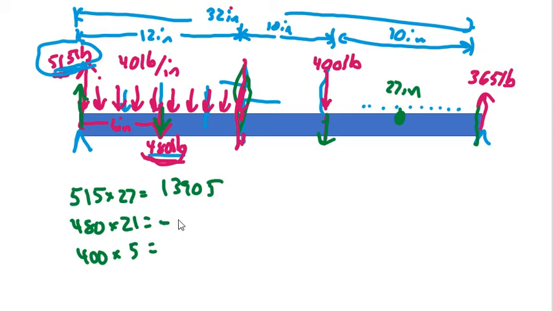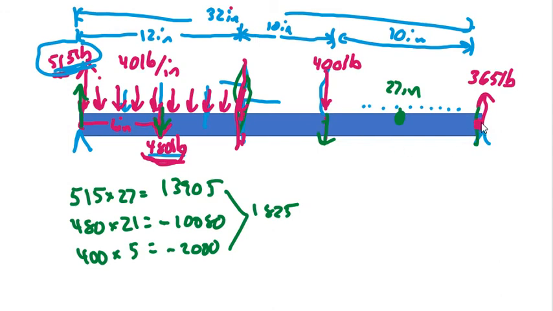This is going to be negative 10080. And then I have 400 times 5, negative 2000. I add all these up. I still get a positive moment, but it's small, 1825.